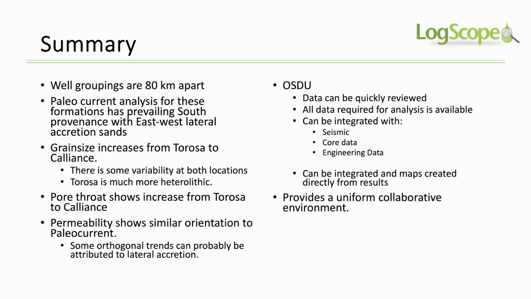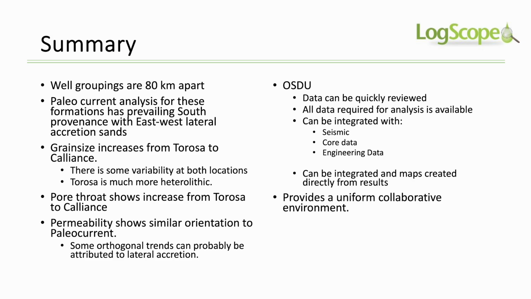In summary, the well groupings, as I indicated, are about 80 kilometres apart. The paleocurrent analysis, which we have from elsewhere, has the formations with prevailing south provenance and east-west lateral accretion of sands. Obviously, the provenance is more detailed in other work, but there is a lot of variability in it.